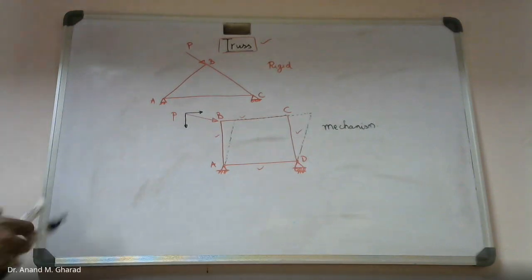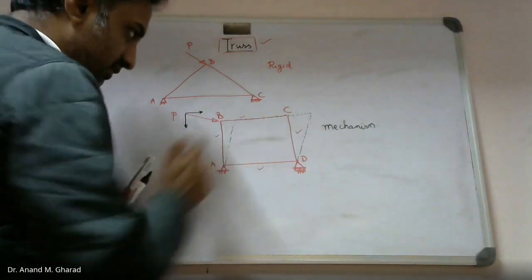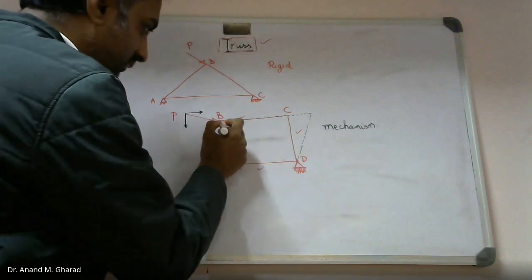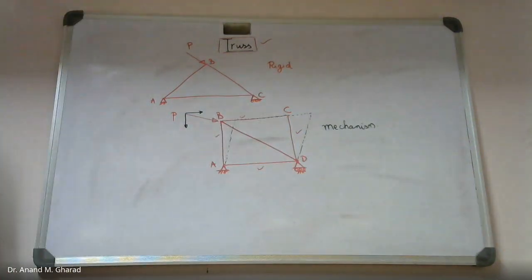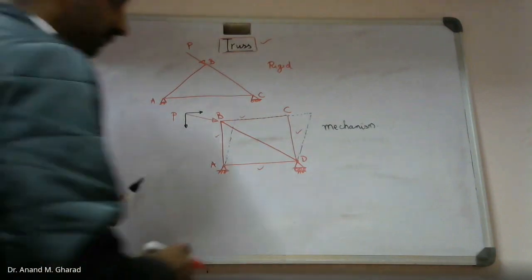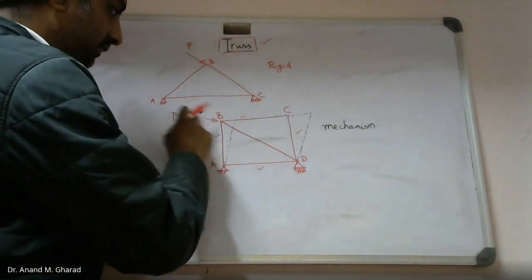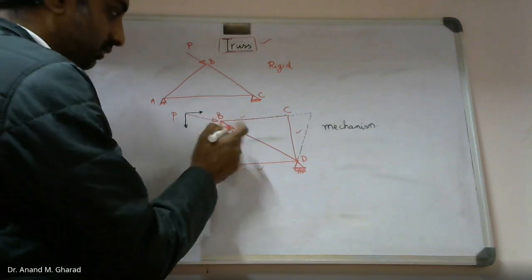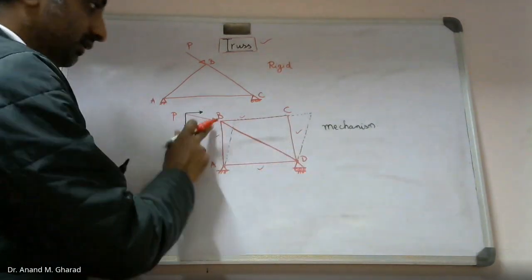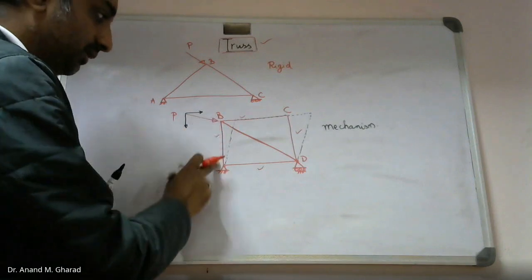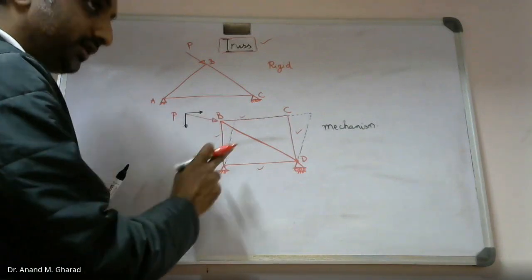But if in this very structure I add one more member, which is a diagonal member, what do you observe now? Even if I apply certain loading, by the presence of this diagonal member, the relative motion of member AB is restricted.